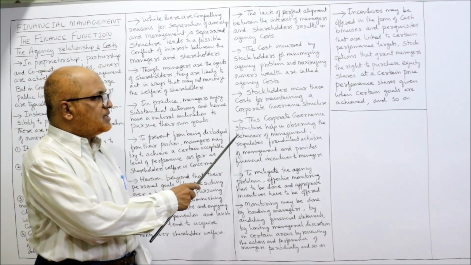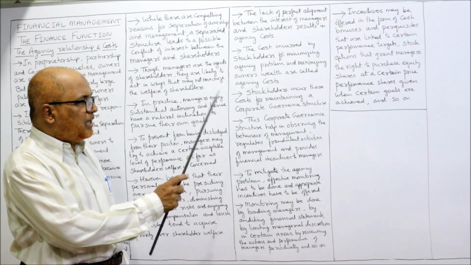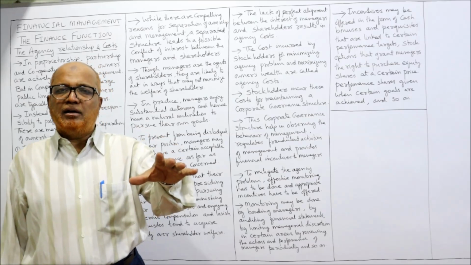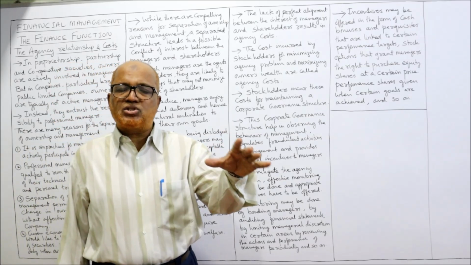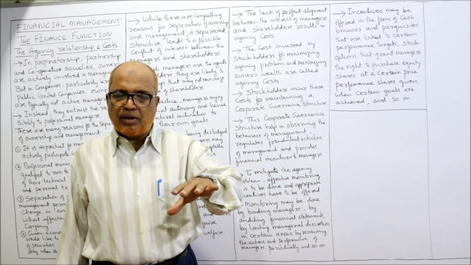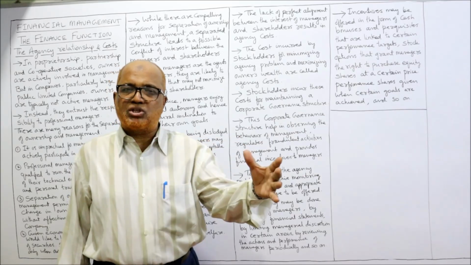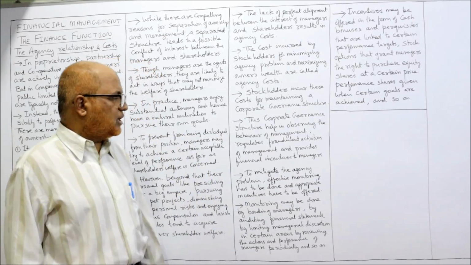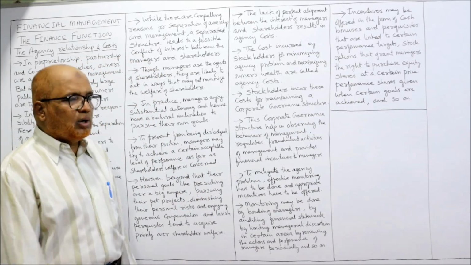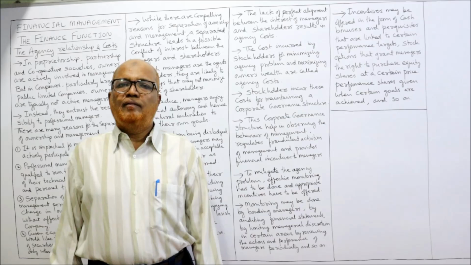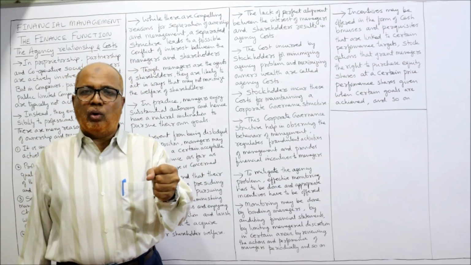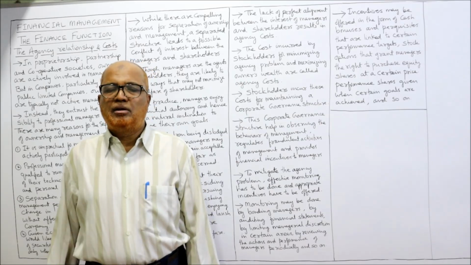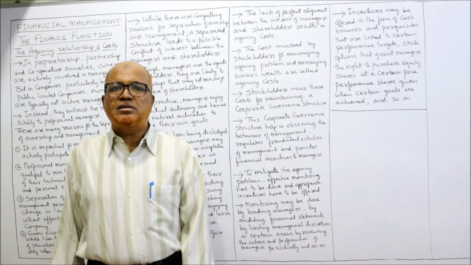This corporate governance structure helps in observing the behavior of management. That means the expenditure incurred on the corporate governance structure is to regulate the behavior of the management and regulate fraudulent activities. If there is control on the powers of the management, then frauds will be minimized.